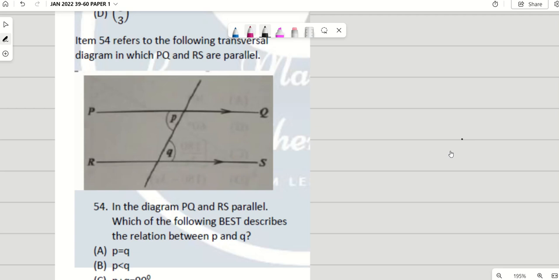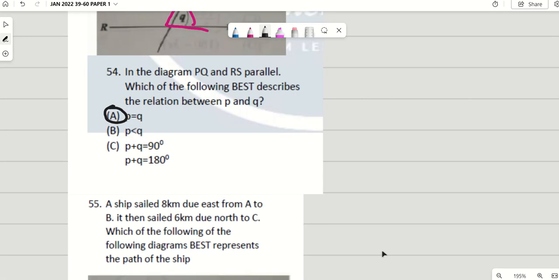I tell you guys, if we are seeing a Z, once you're seeing the Z, the internal angles of our Z are equal. So the relationship between P and Q is P is equal to Q. If you see something like this and you see a Z, know that the internal angles in your Z are equal, and that's how you get number 54.